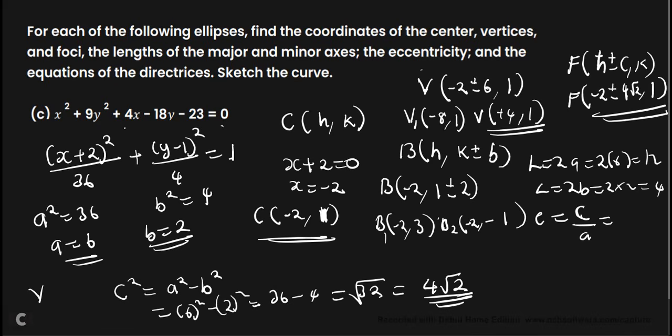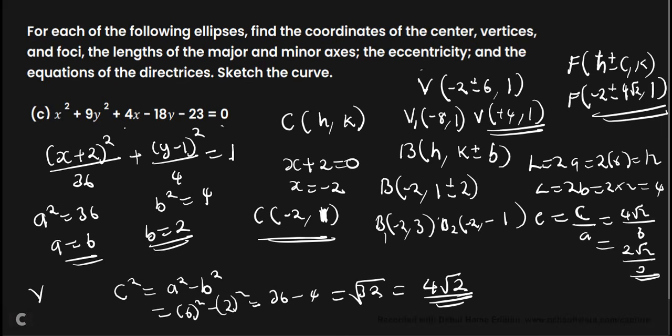What was your c? It was 4 root of 2 over your a, 6, such that you have 2 root of 2 over 3. That, right? So that is your eccentricity.